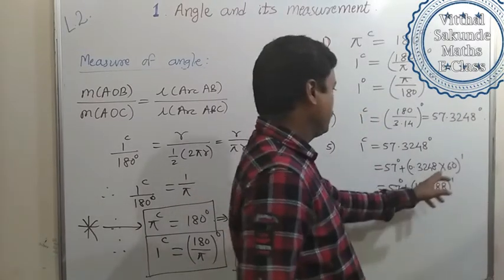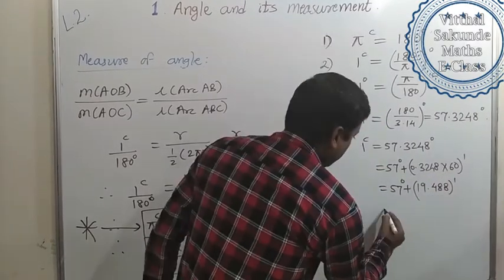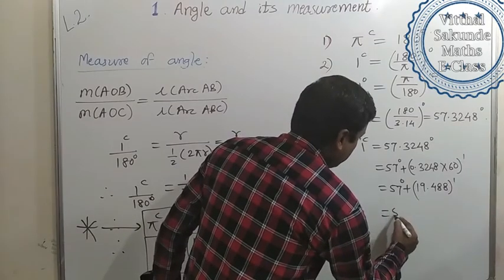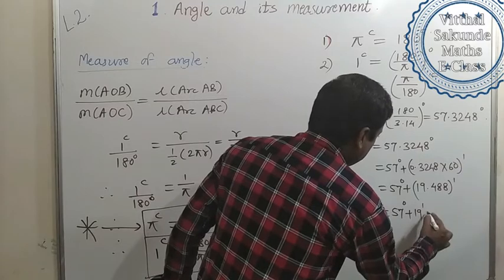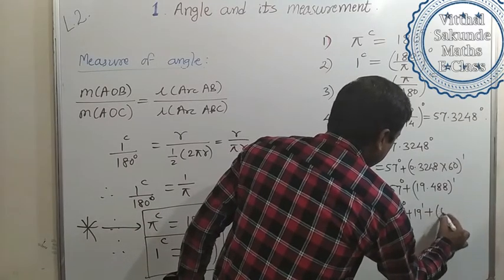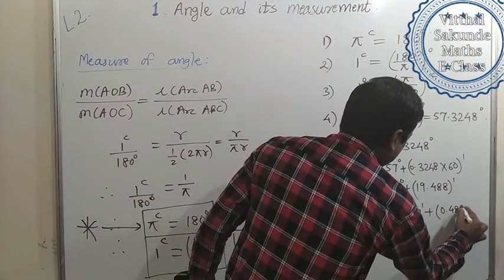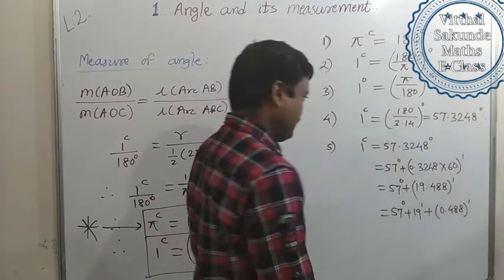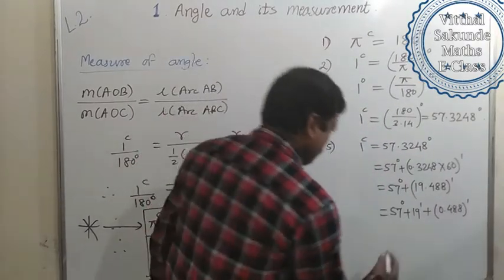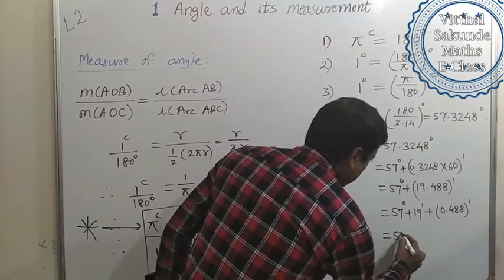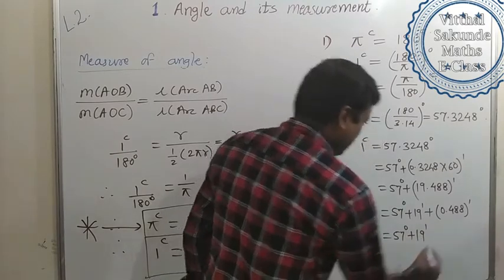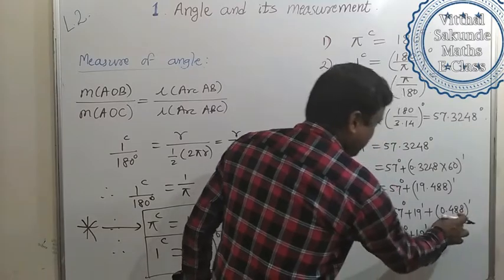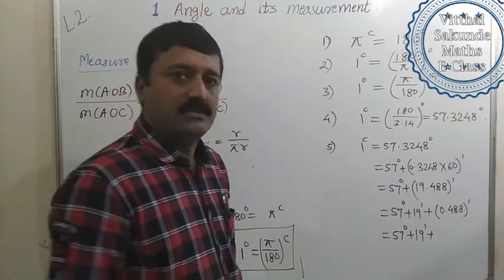Again, this can be written as 57 degree plus 19 minutes plus 0.488 minutes. Can we convert these minutes into seconds?